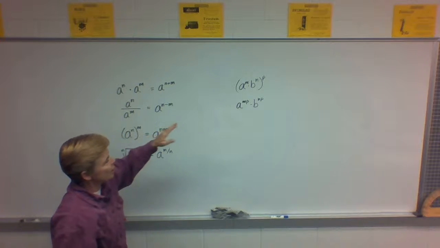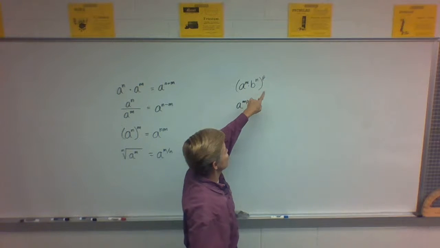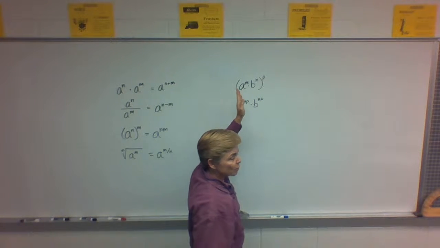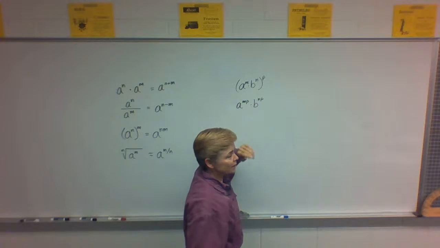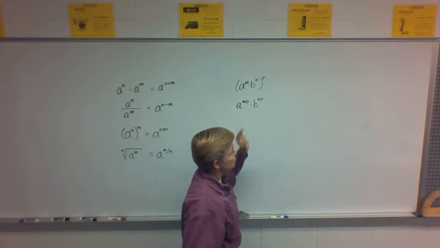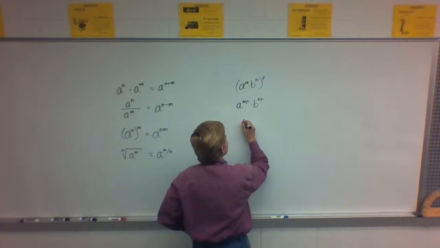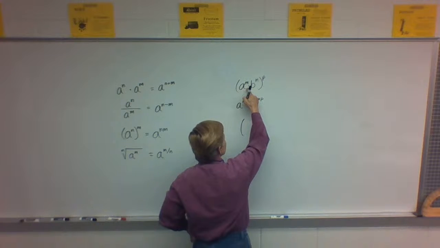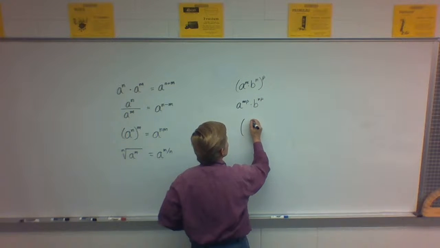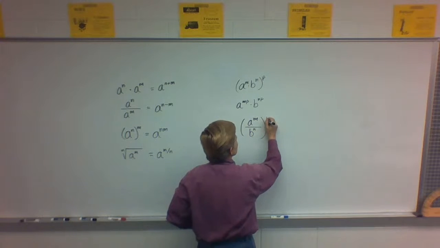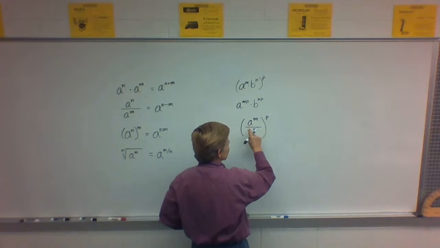Okay, and it doesn't matter how many things are in here. You could have 10 of these in here, and p would apply to each of them, so long as all 10 of them are being multiplied. You add a plus sign, now you've got all kinds of trouble. But as long as this is a times sign, it's fine. The very same thing applies if you have a quotient. This was a product of 2 powers. If you have a quotient of 2 powers, a to the m over b to the n raised to the p, it still applies to each of them.